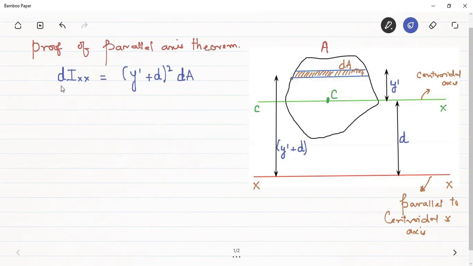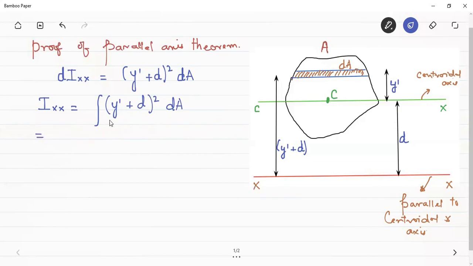Now, for finding the moment of inertia of this complete lamina about the x-axis, we can perform the integration. That will be given by the integral of (y dash plus d) square dA. Now this is the moment of inertia of this complete lamina about the x-axis.